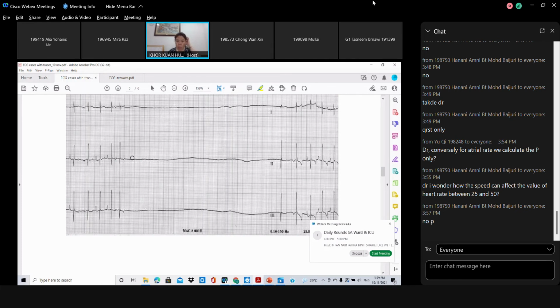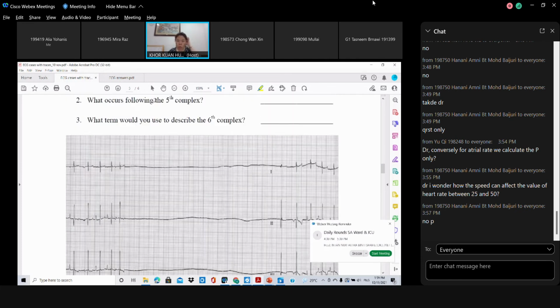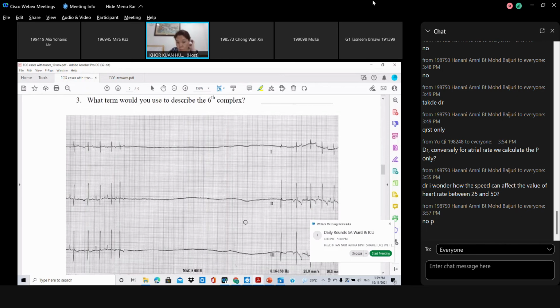Then number 6, the question for the following complex after number 5. This is all atrial standstill. Then suddenly you have an escape beat of the ventricle. It came back and then everything went okay. This question is a little bit harder.